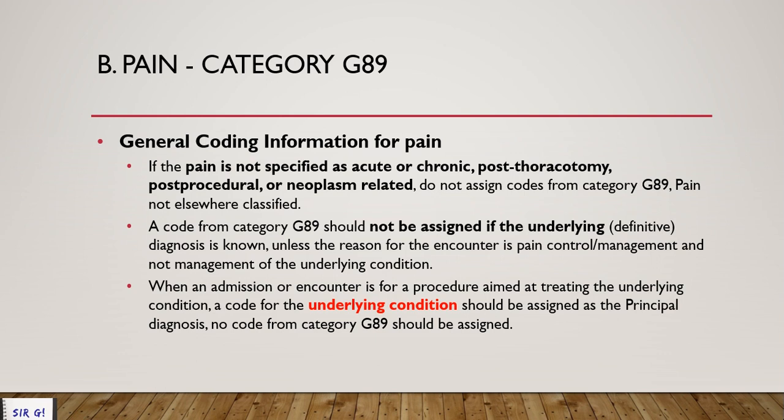But if you see those words like acute or chronic, post-thoracotomy, post-procedural, or neoplasm-related, you can code G89. So every time you see a code in the choices like G89, look in the scenario or in the diagnosis statement of the provider for a word like acute or chronic pain, post-thoracotomy pain, post-procedural pain, or neoplasm related before you can use G89.